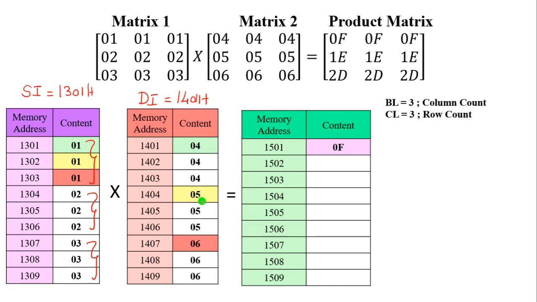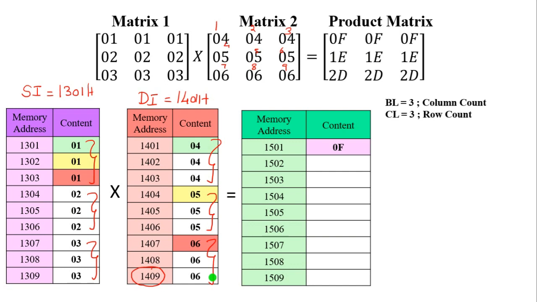The 1404 value becomes 05. Like that we are going to load all the matrix elements. This is the first one, second, third, fourth, 5, 6, 7, 8, 9. That's why the final memory address becomes 1409. This is the first row, this is the second row, and this is the third row.